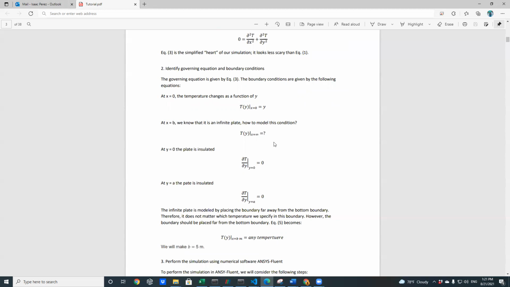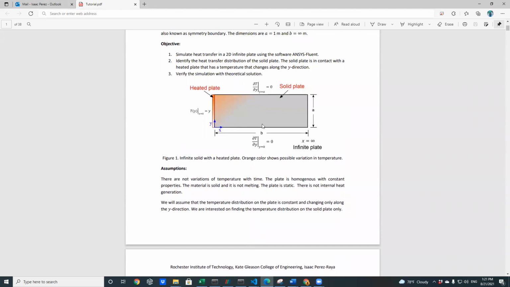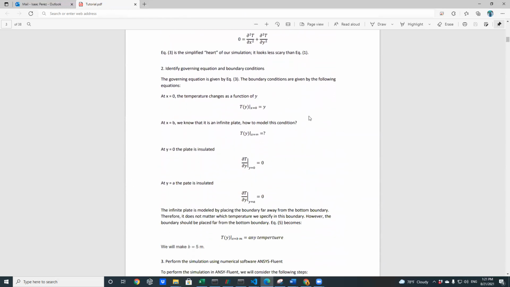At x equal to b, we know that it is an infinite plate. So how to model this condition? So at x equal to b, we don't know what's going on, but we will figure out a way to do it.